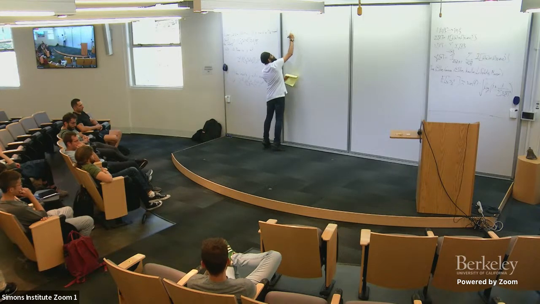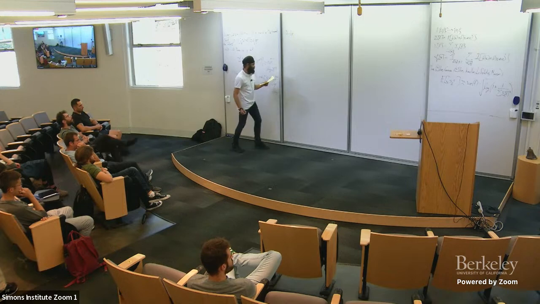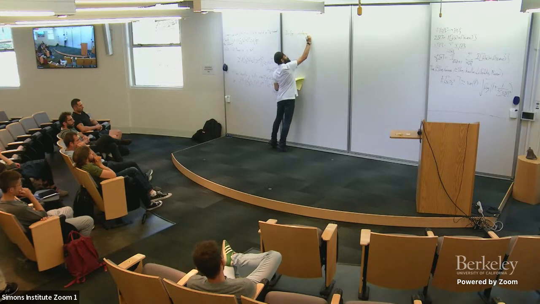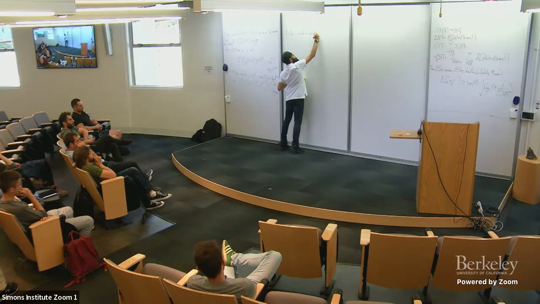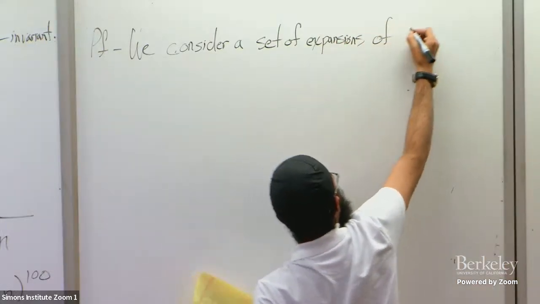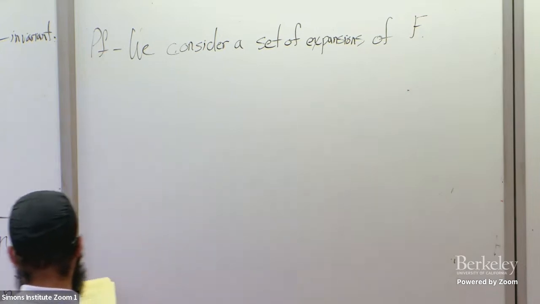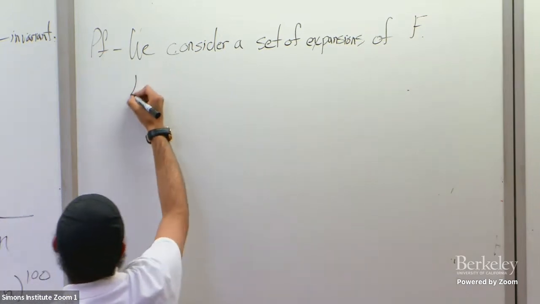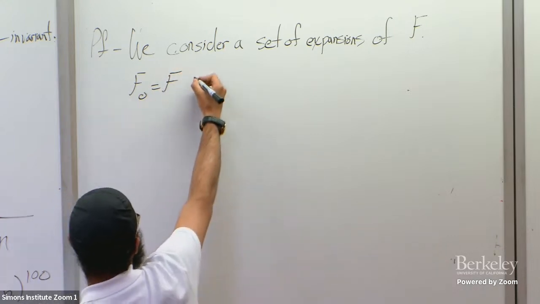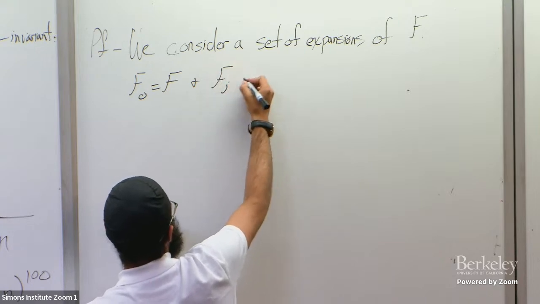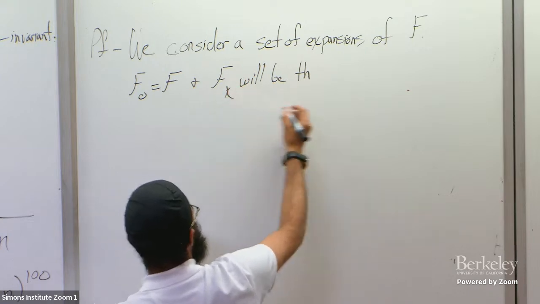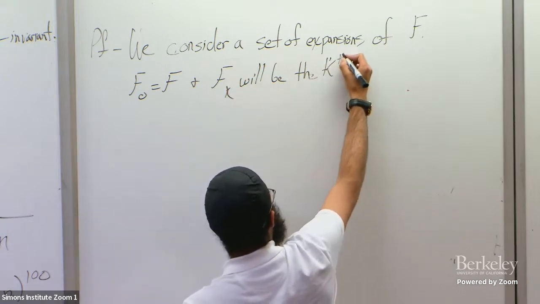The setup will make it clear what the finish is. So we consider a set of expansions of our family. Just for concreteness, we'll start off at a family F0, which is just going to be equal to F, and Fj will be the jth family, Fk will be the kth family.